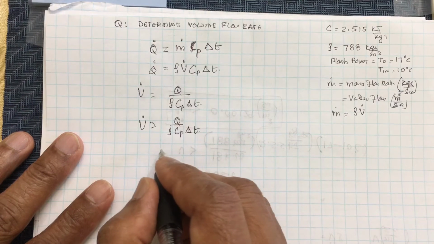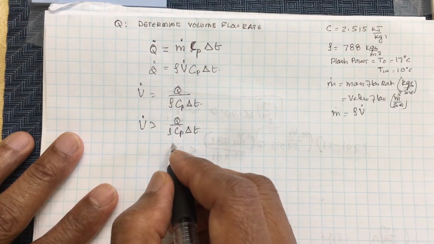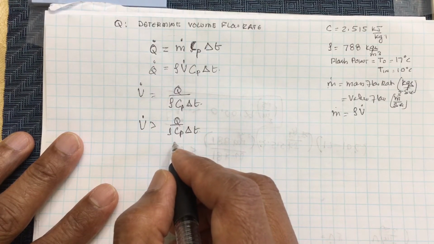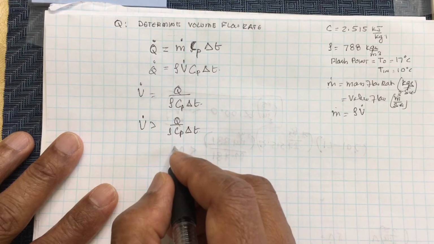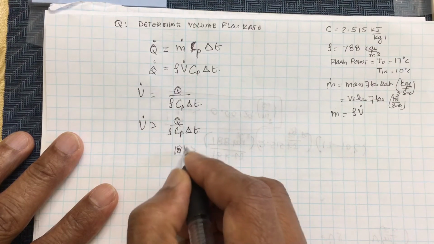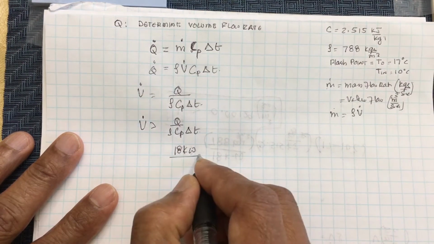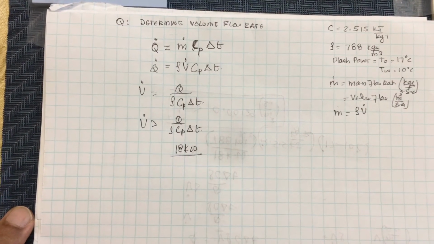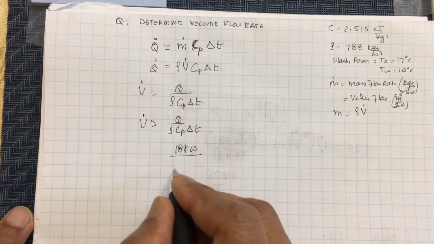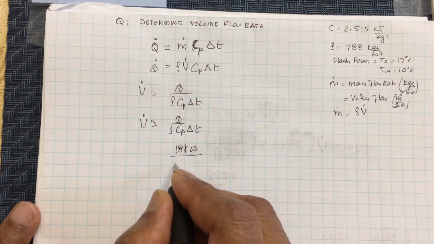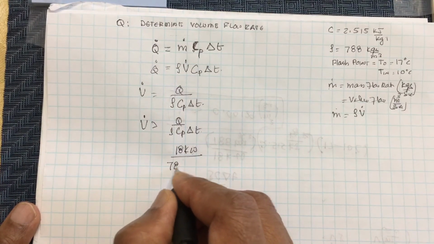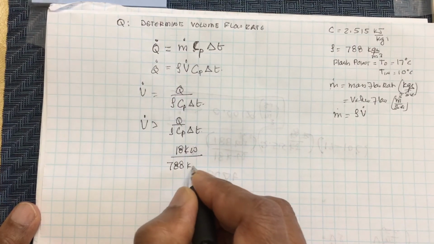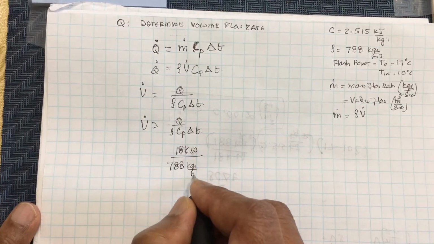So let's plug in the values. Heat is given. Heat is 18 kilowatts. Density is 788 kgs per meter cube.